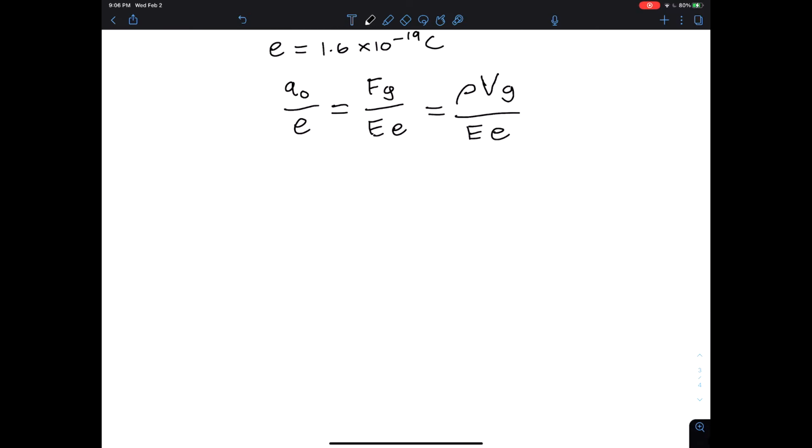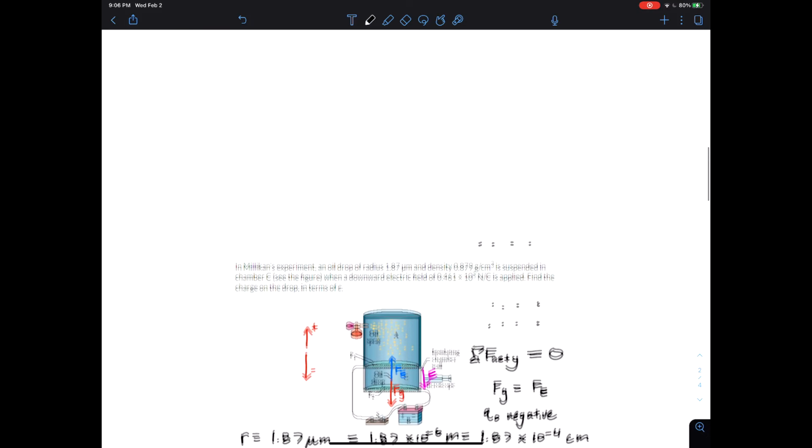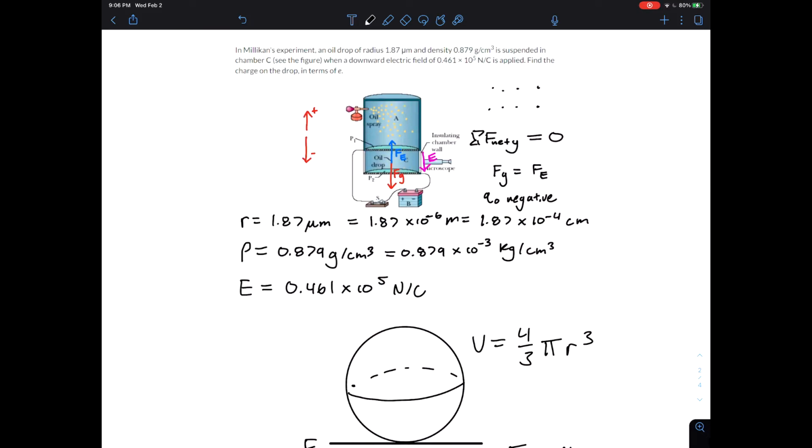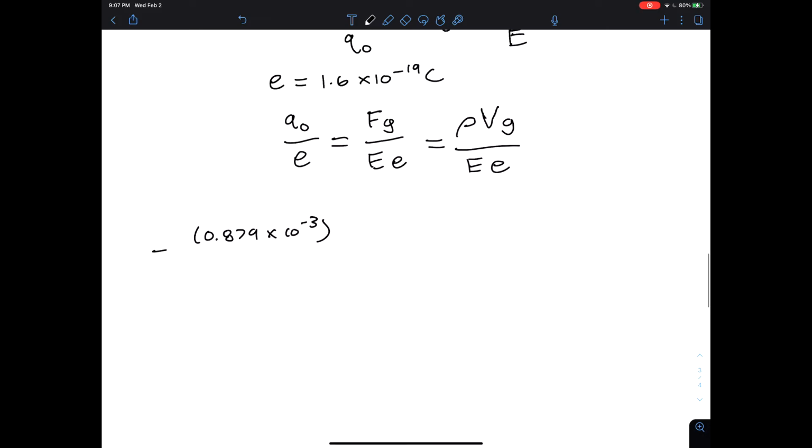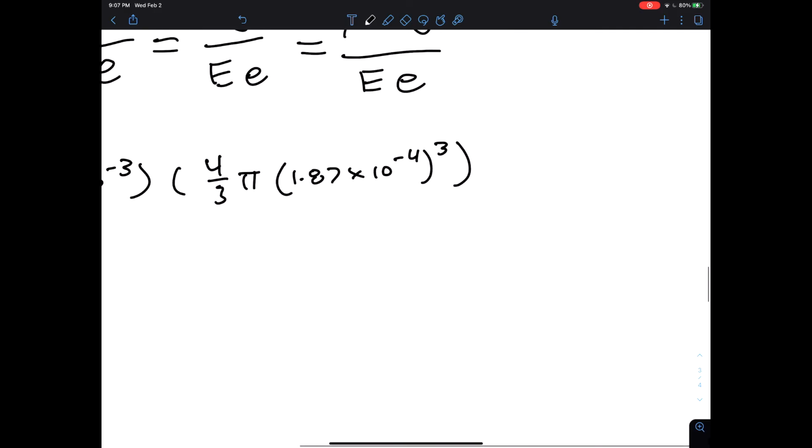Now, to plug in these values, remember that our charge is negative. So we write negative 0.879 times 10 to the negative third, which is our density, times 4/3 pi times 1.87 times 10 to the negative fourth cubed, which is our volume, and then we multiply it by 9.81.